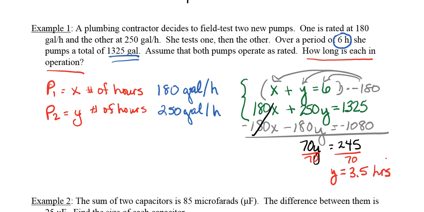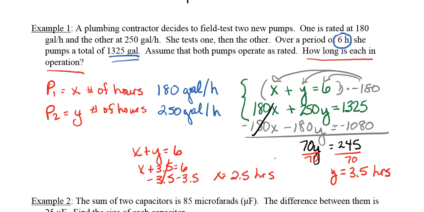So now I just need to know how long did pump 1 work, and together they work 6 hours, so I'm going to take the X plus Y equals 6, X plus 3.5 equals 6, minus my 3.5, so X worked a total of 2.5 hours.